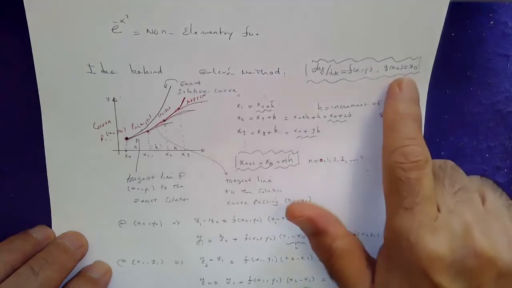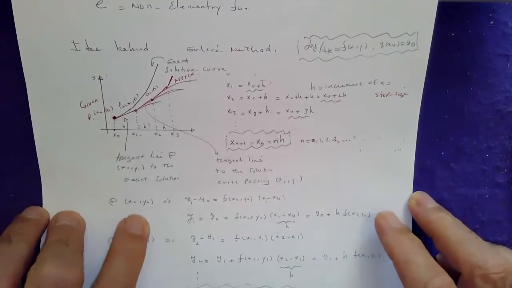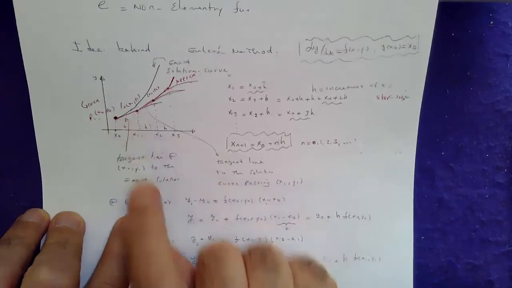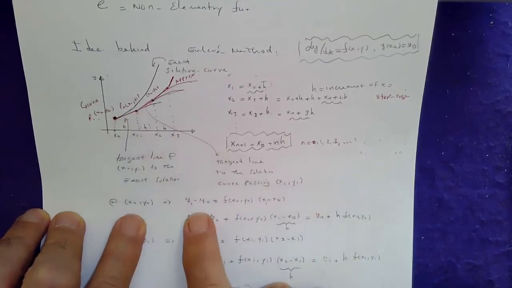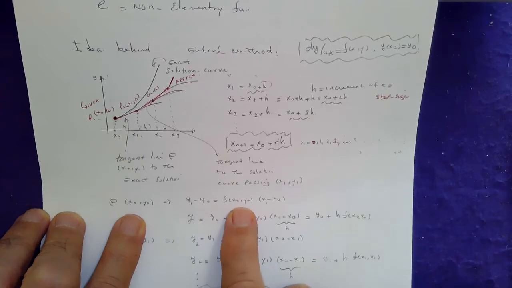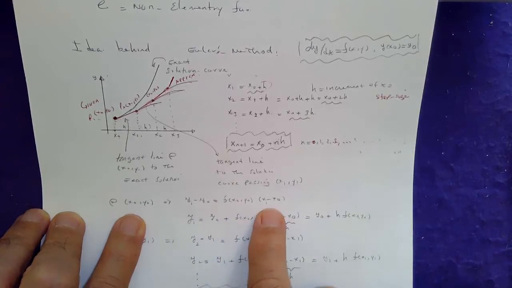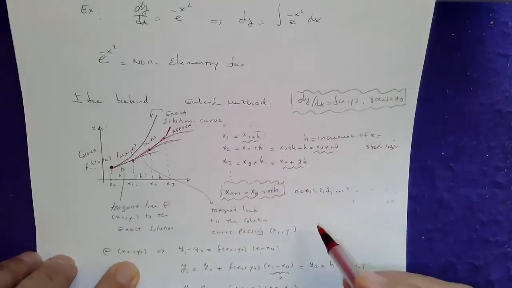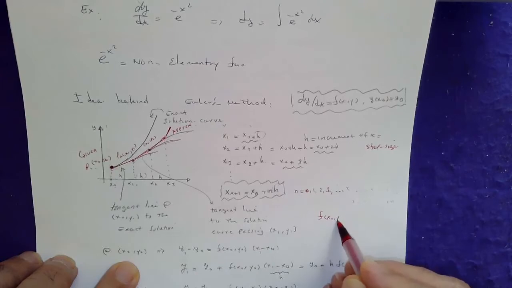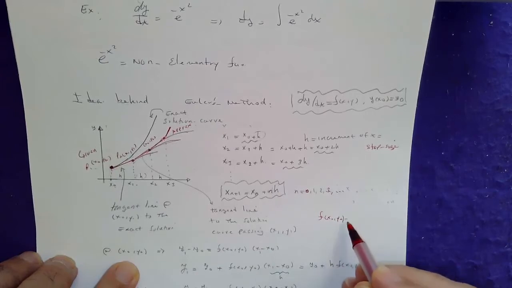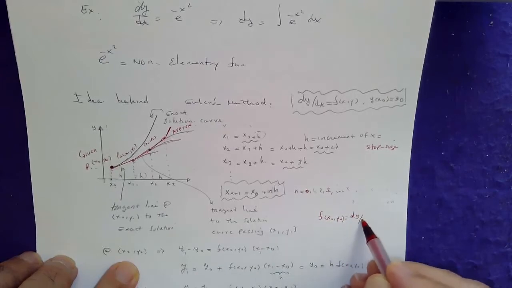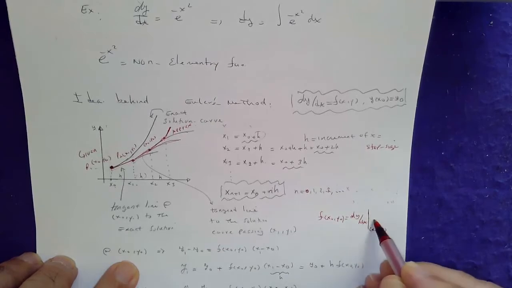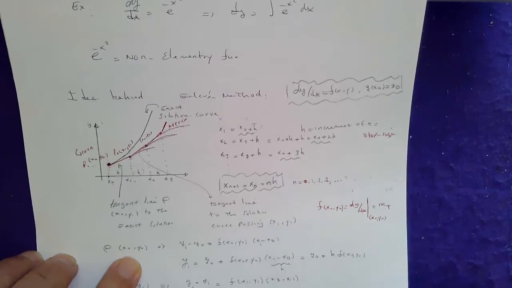solution at that point. At x0, y0, you write the equation of this tangent line: y1 minus y0 equals f of x0, y0 times x1 minus x0. Keep in mind f of x0, y0 is dy/dx evaluated at x0, y0, which is the slope of the tangent line.